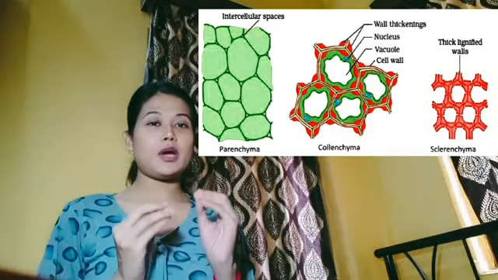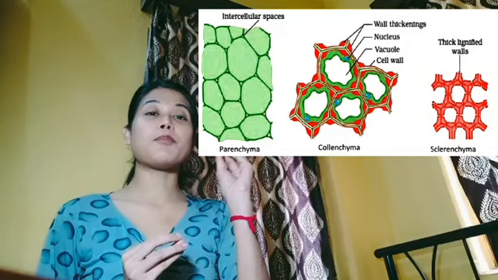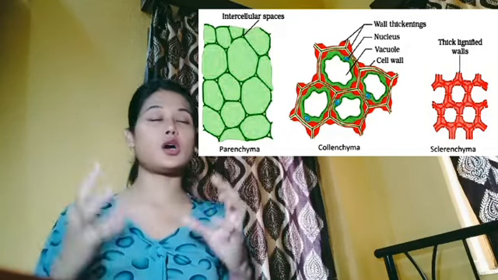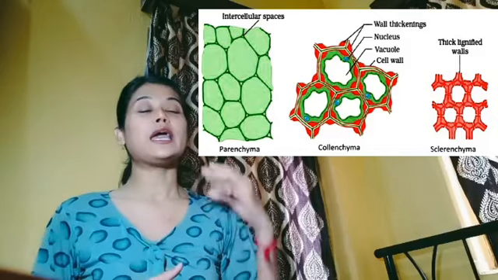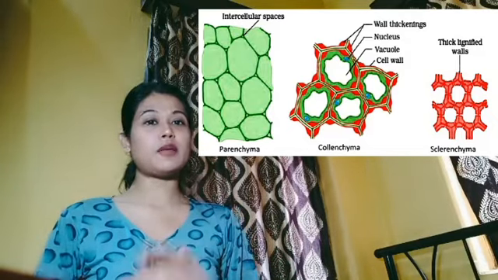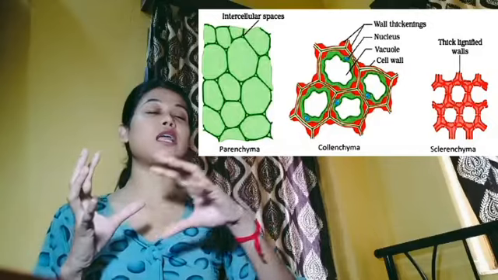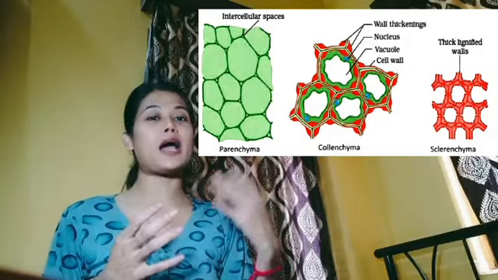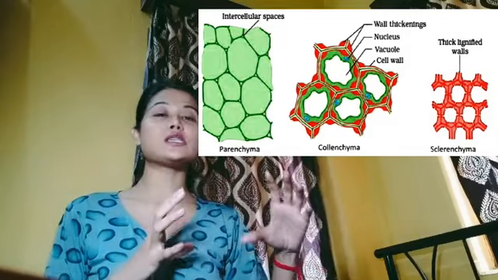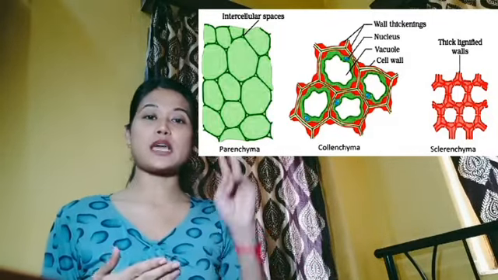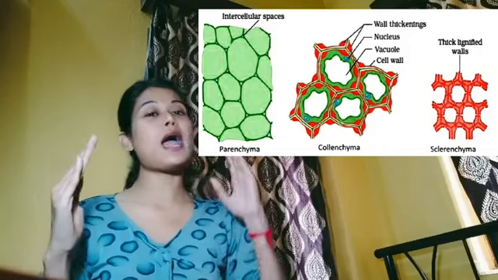Parenchyma tissues provide support to the plants and are responsible for storing food in the roots and the stem. The intercellular spaces between them are very large, meaning there are large gaps present. The cells of the parenchyma tissue are loosely packed, which is why there are large intercellular spaces. Parenchyma tissues can be of two types: chlorenchyma and aerenchyma.